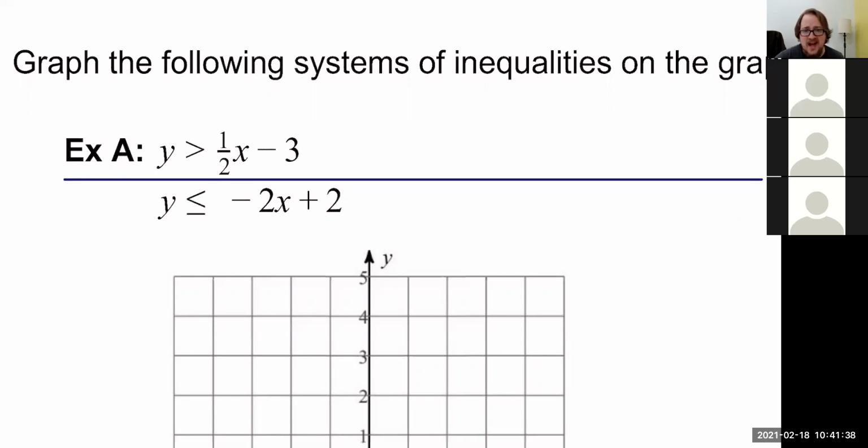I'm going to start with the top inequality as if it was the only one I had and start listing the information because, spoiler alert, they're both already in slope-intercept form, so that saves me a ton of extra work. So the first one here, the y-intercept is going to be the -3. The slope is going to be the 1/2.